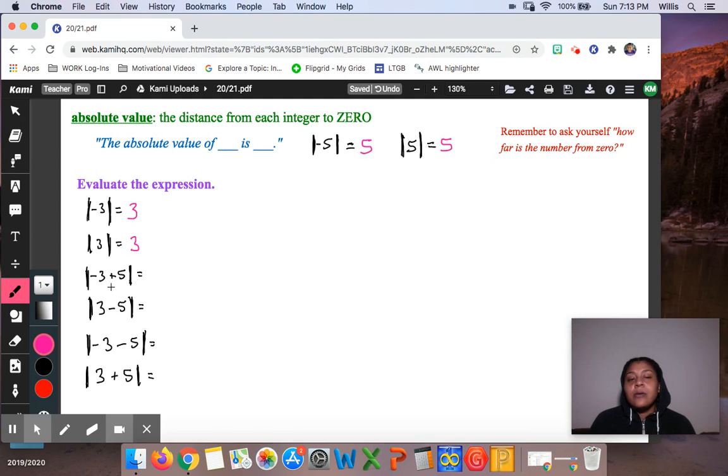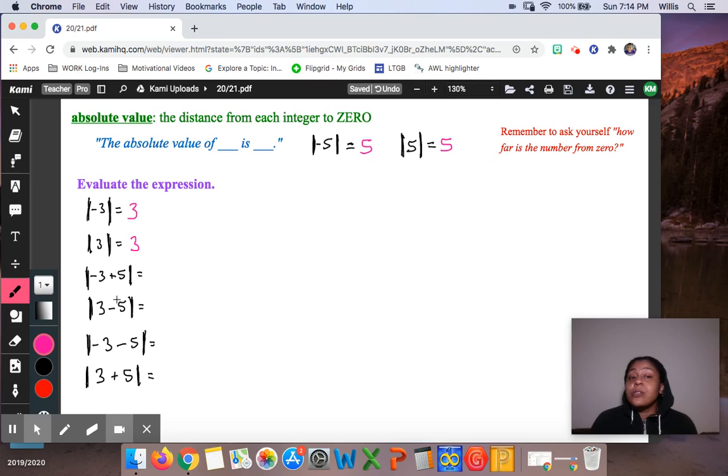And now we're starting to see some adding and subtracting integers inside of our absolute value symbols. So it could be more than just one term. You might have another number inside with an operation.